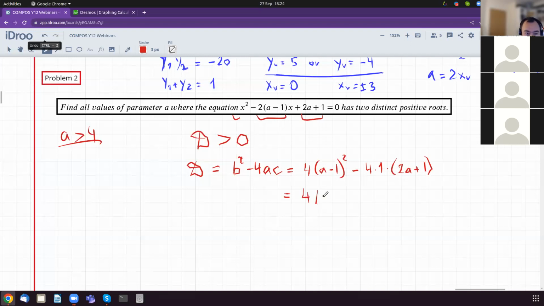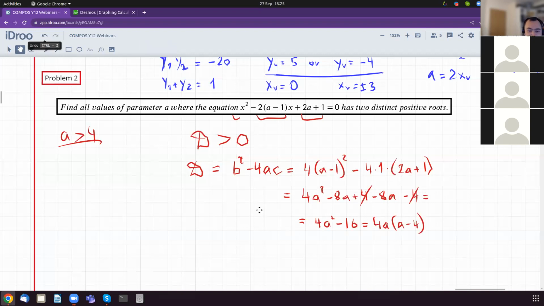Well, I'm guessing we just expand. 4a squared minus 8a plus 4 minus 8a minus 4. So 4 cancels, and we get 4a squared minus 16a, which is equal to 4a times a minus 4.